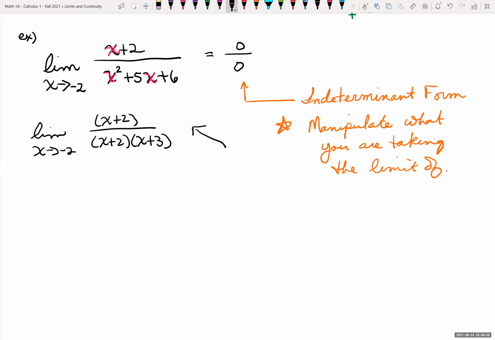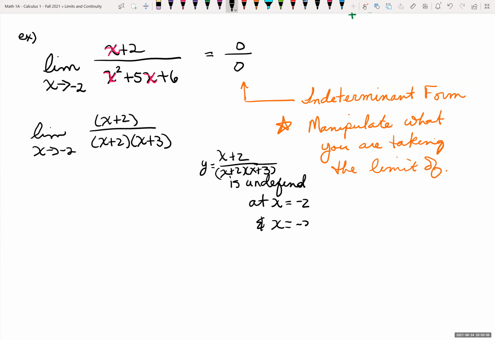Even though this is undefined, actually, I should be careful. y equals x plus 2 all over x plus 2 times x plus 3 is undefined at x equals negative 2 and x equals negative 3.